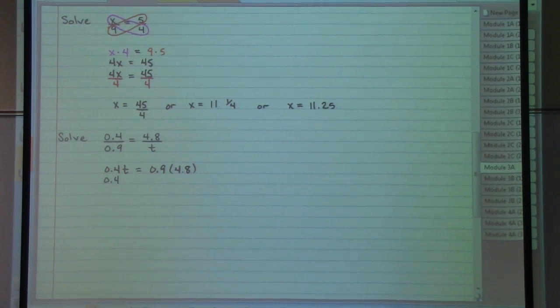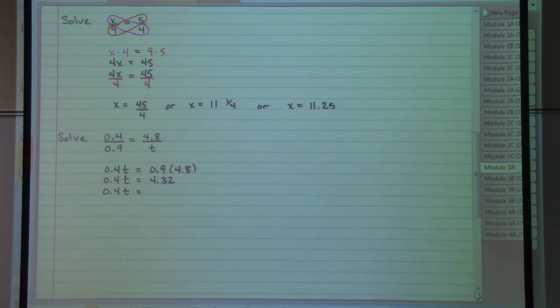Just to go ahead and clean up that right-hand side, the 0.9 times the 4.8, we're going to have 4.32 for that. Now this puts us in the position where we have to do our division work.